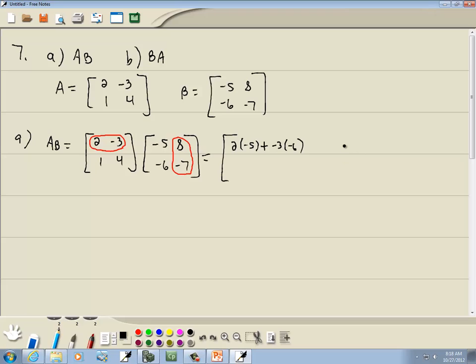So I'll take 2 times 8 and -3 times -7. Okay, then I want to take this row times this column. So I got 1 times -5 plus 4 times -6.